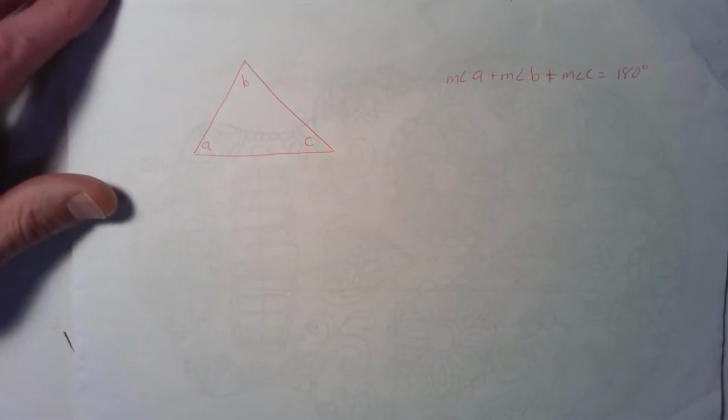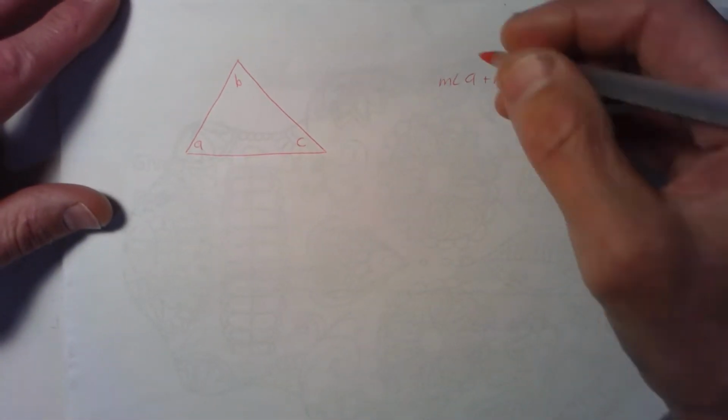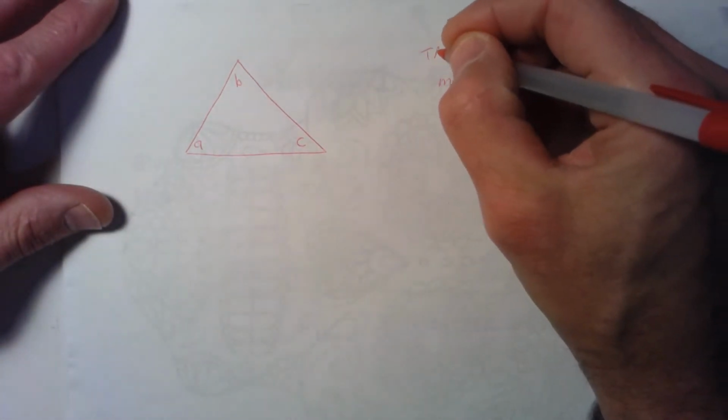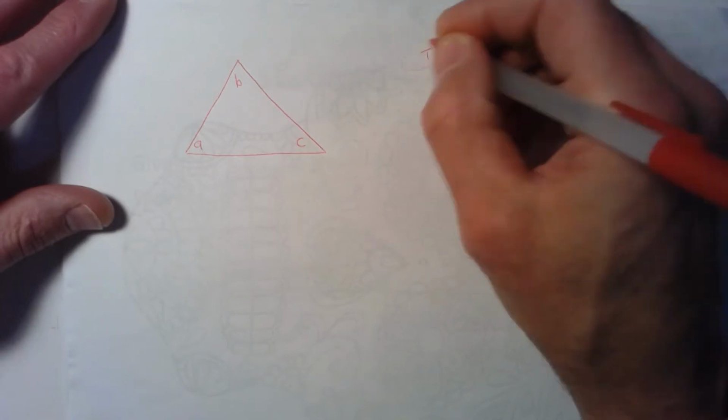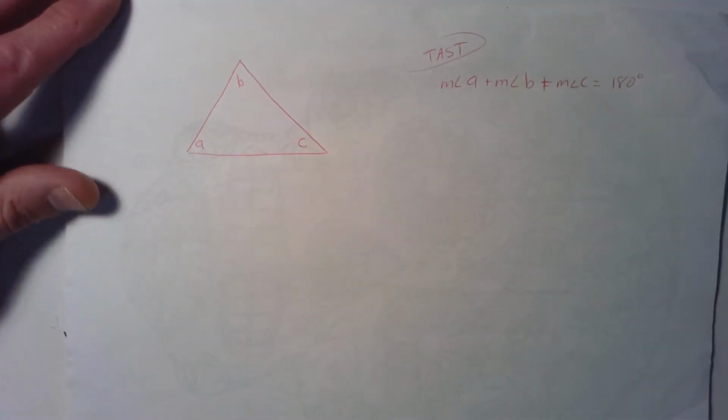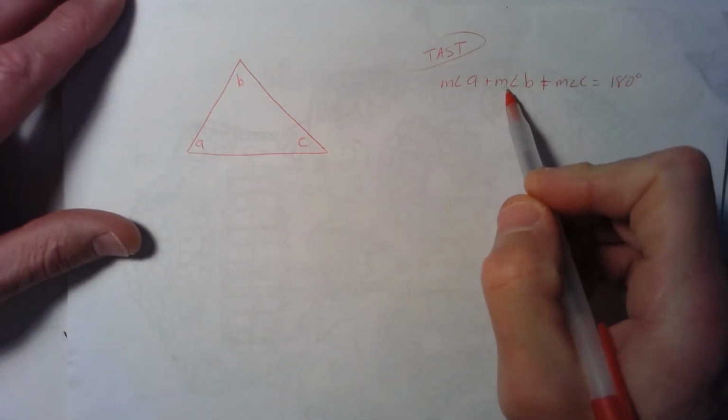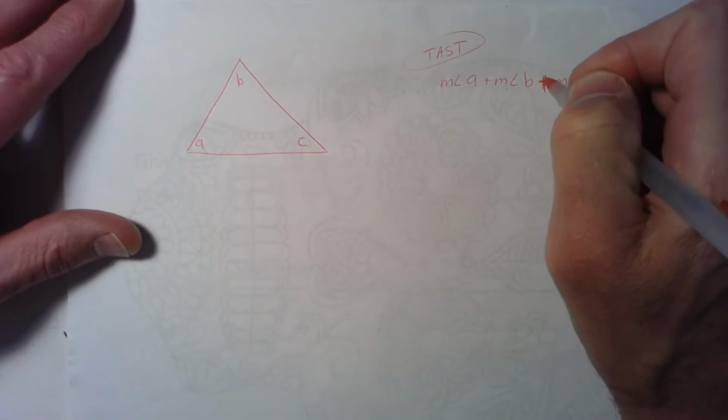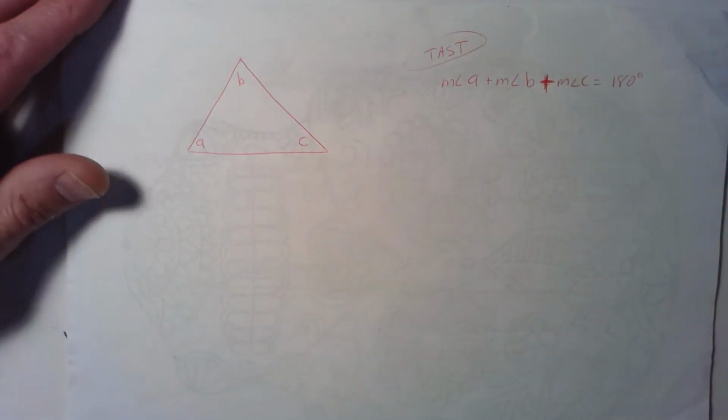We know that's true because of the triangle angle sum theorem, TAST. Measure of angle A plus measure of angle B plus, this is plus, not equals, measure of angle C equals 180.